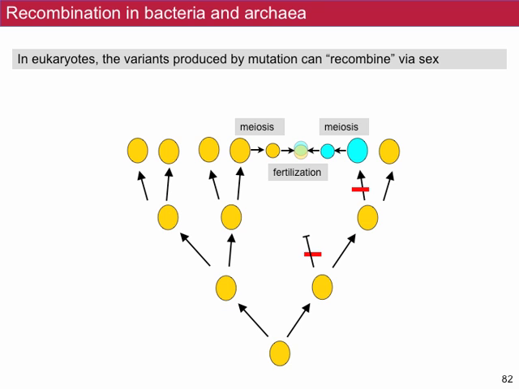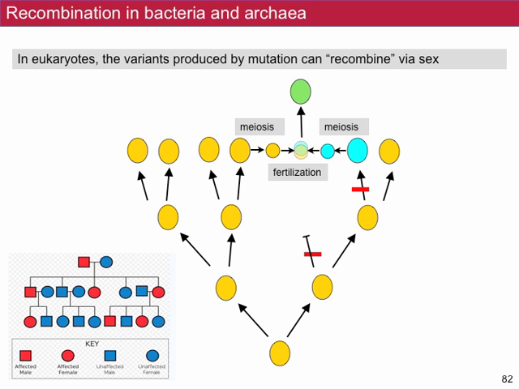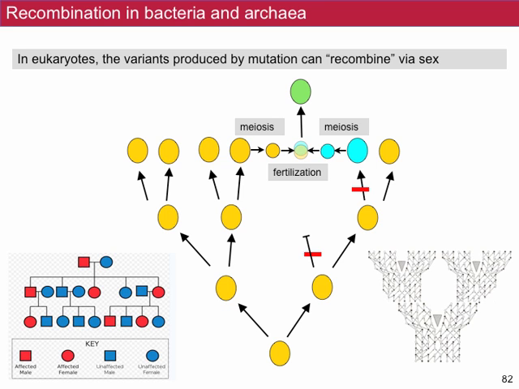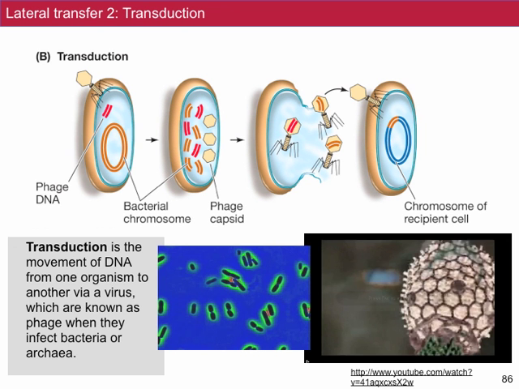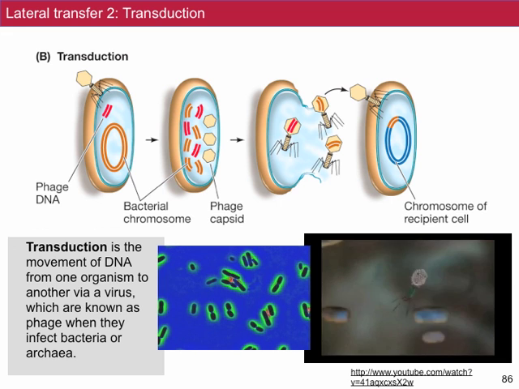In eukaryotes, the normal default process for this is sexual recombination, sexual reproduction. And we've seen that's what creates the population patterns in eukaryotic organisms. So I'm going to skip over the mechanisms for a second and just compare and contrast sexual reproduction and lateral gene transfer.